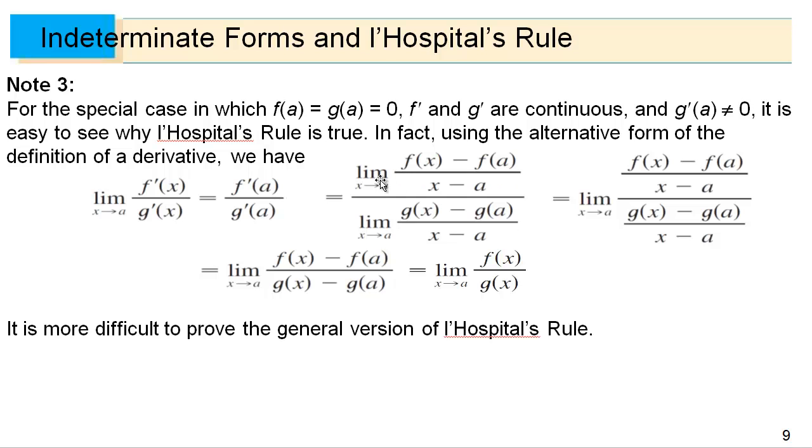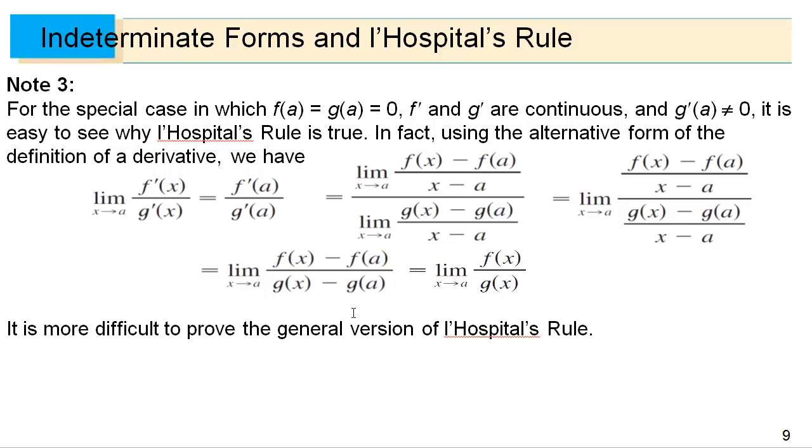You take the limit as x approaches a of f of x minus f of a all over x minus a. Do the same thing for the g function. And because the quotient of two limits is the same thing as the limit of the quotient, we can now combine this as one limit of this quotient. And then because the top and bottom are being divided by the same thing, that goes away, and we're left with just this piece.